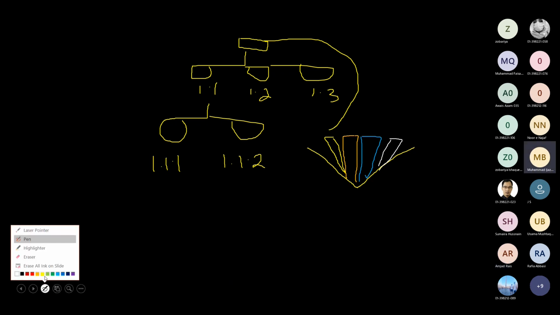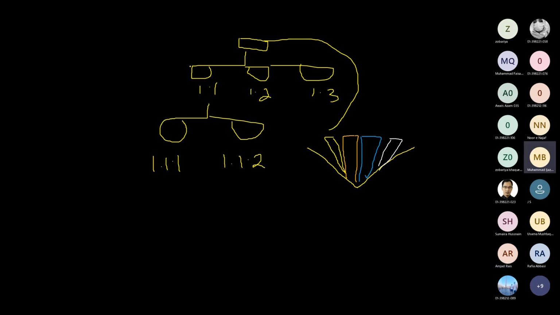Now within each deliverable, let's say within this 1.1, I will again have two separators, 1.1.1 here and 1.1.2 here. This will just be a page.